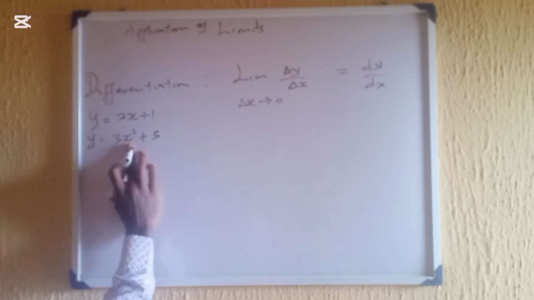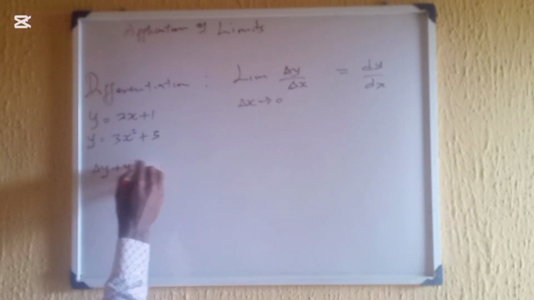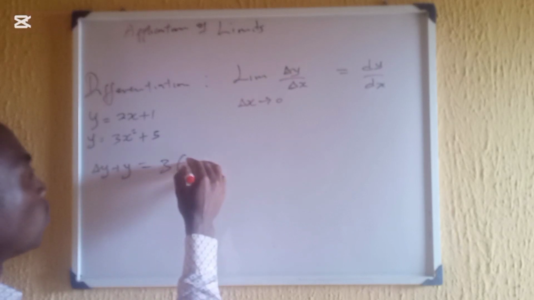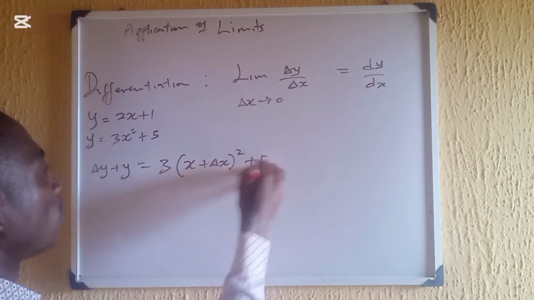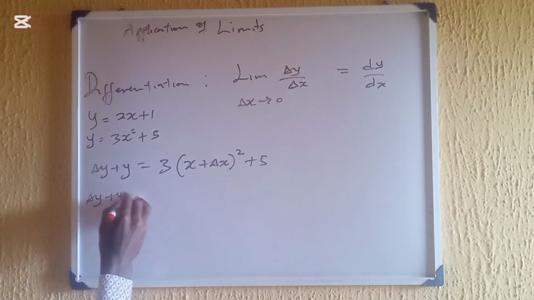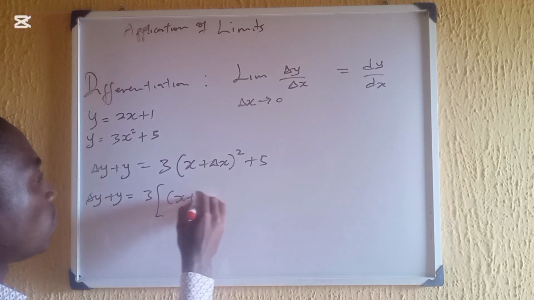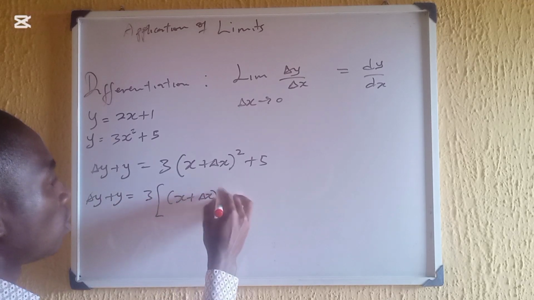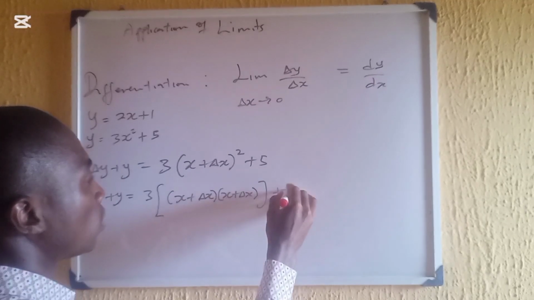We have y equal to 3x squared plus 5. So change in y plus y is equal to 3 into x plus change in x squared, plus 5. We'll be having change in y plus y equal to 3 into x plus change in x into x plus change in x, plus 5.